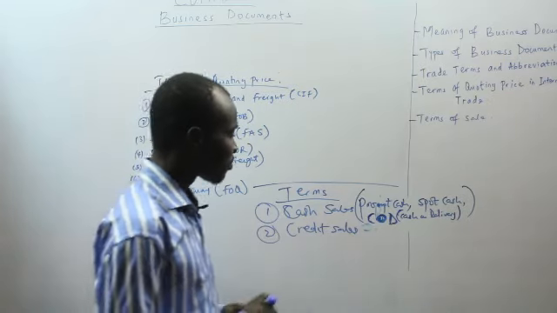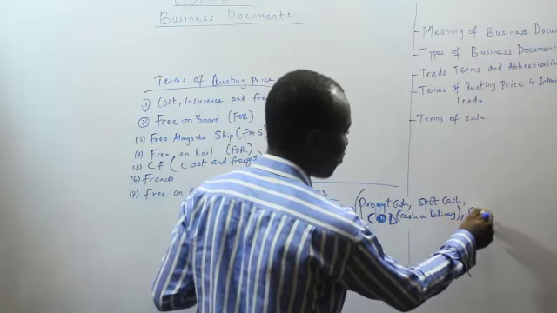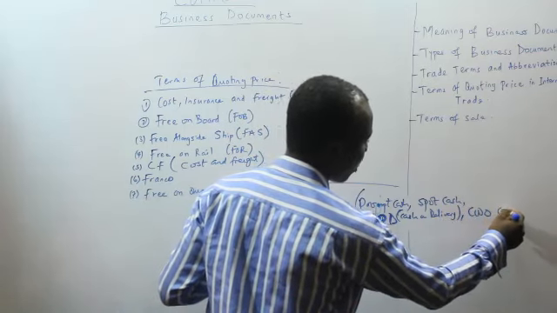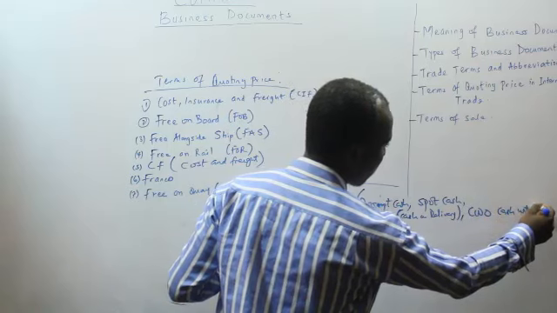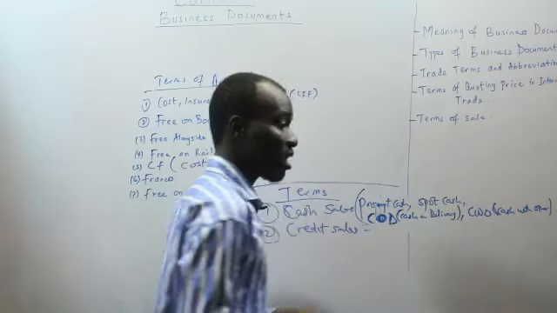We have another form of cash sales, which is CWO, cash with order. Cash with order is also used as a form of cash sales.